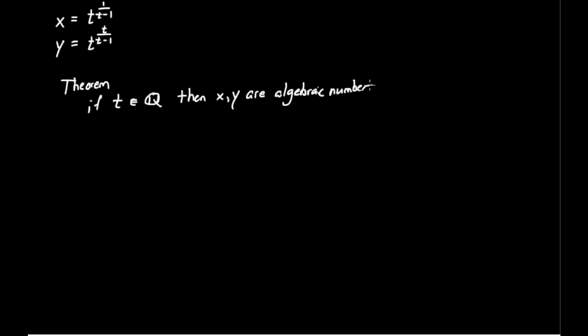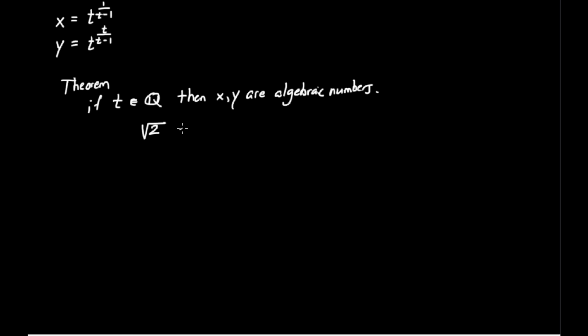And let me refresh your memory on what an algebraic number is, or maybe you haven't heard of it and you'll learn what it is now. So an algebraic number is a number which can be expressed as a root of a polynomial equation. Now, that may sound a little bit complicated, but it's actually not. Many of the numbers that you've experienced before are algebraic numbers. And one good example is the square root of 2.